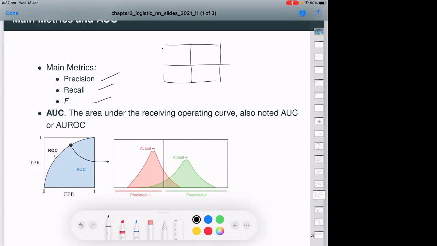It is also computed from the confusion matrix for different cutoffs. You want the AUC as close to 1 as possible. Keep in mind that if the AUC is around 0.5, you are no better than flipping a coin to decide between 0 and 1. Okay?